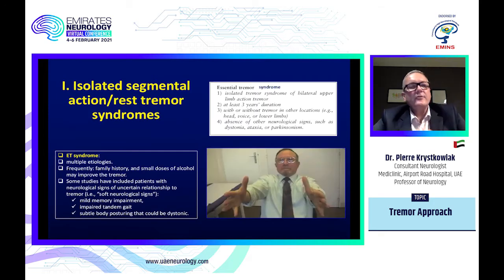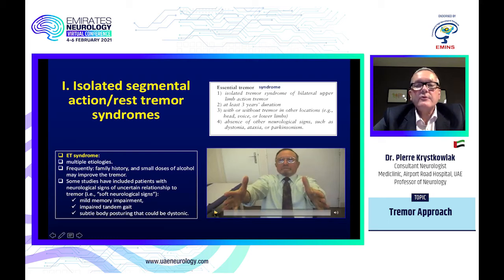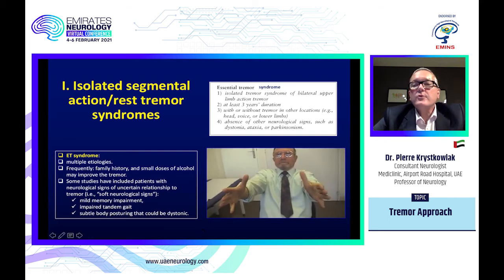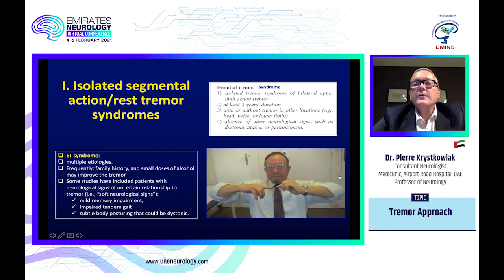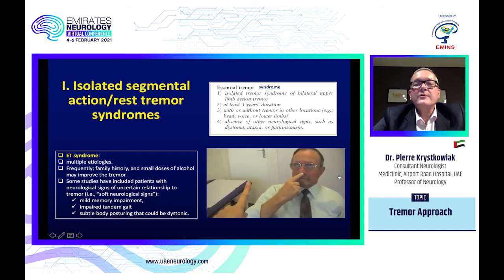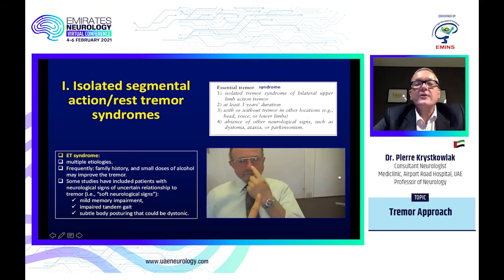So first of all, let's review the first part of this tremor syndrome classification, which is isolated segmental action or rest tremor syndrome. And of course, we're going to find the essential tremor syndrome, which is defined by isolated tremor syndrome of bilateral upper limb action tremor, at least 3 years duration, with or without tremor in other locations, for example, head, voice, or lower limbs, with absence of other neurological signs such as dystonia, ataxia, or Parkinsonism.